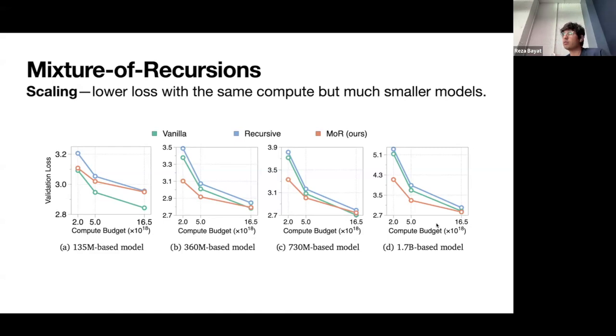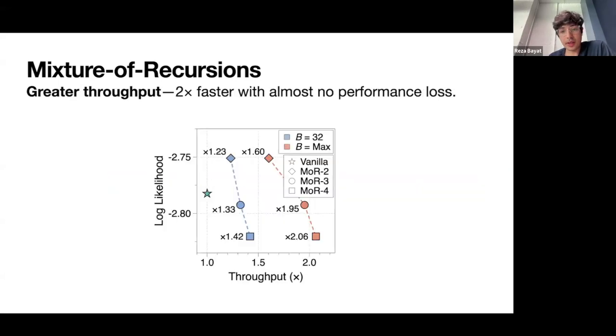So with these new types of architecture, you can lower the number of parameters by 3, which helps you serve the model on fewer GPUs, because of GPU memory.